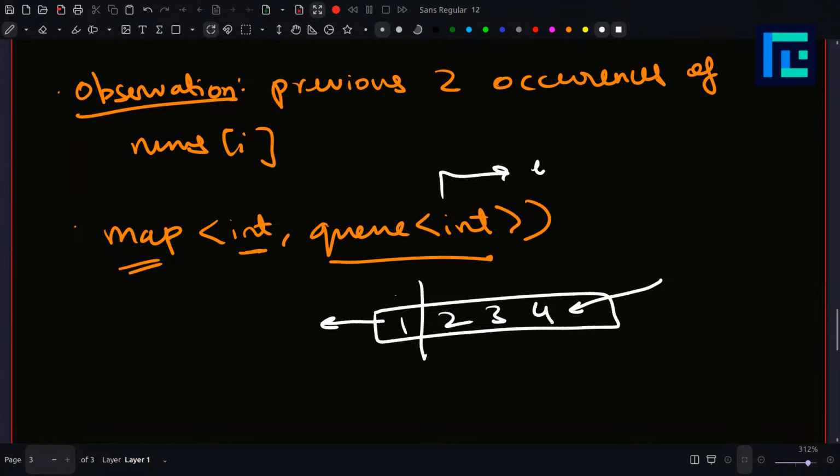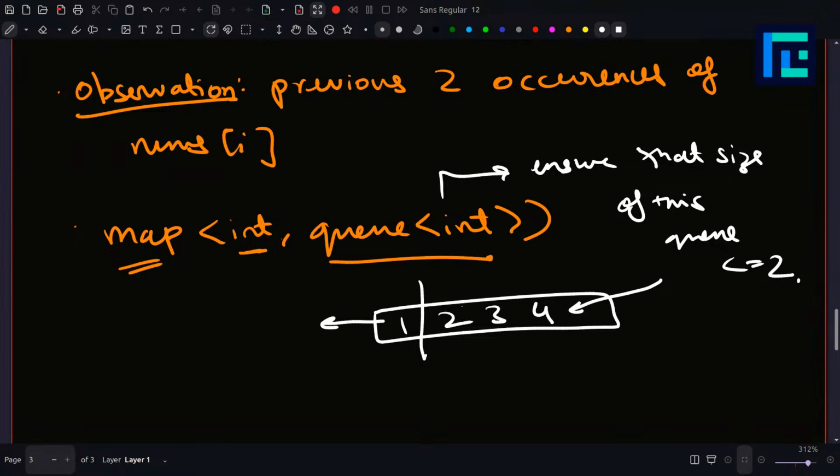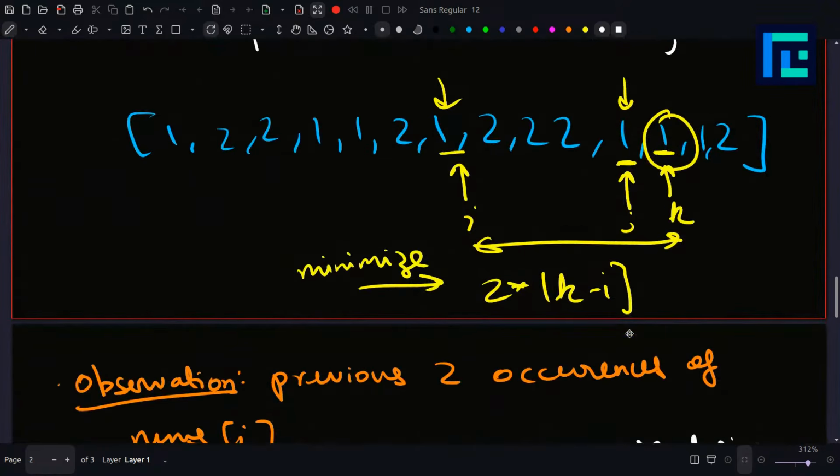So we'll ensure that the size of this queue is less than or equal to 2, right? And then every time we find a new nums_k, we can check if the size of the queue of that nums_k is at least 2, and then we can take the previous two occurrences of it and calculate our answer, right?